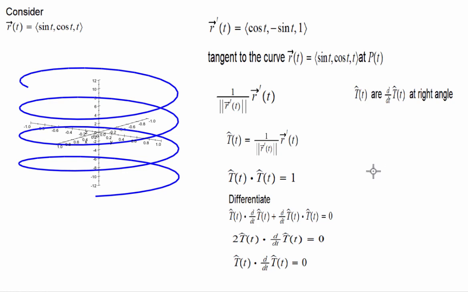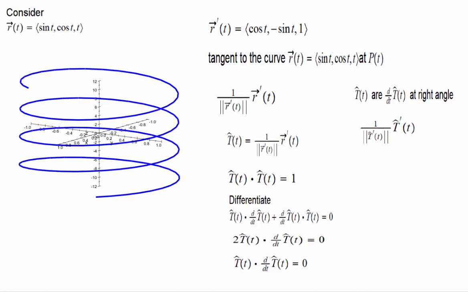T and its derivative are at right angles. Now if we multiply the derivative of t by the reciprocal of its magnitude, we get a unit vector. Let us call this unit vector n.